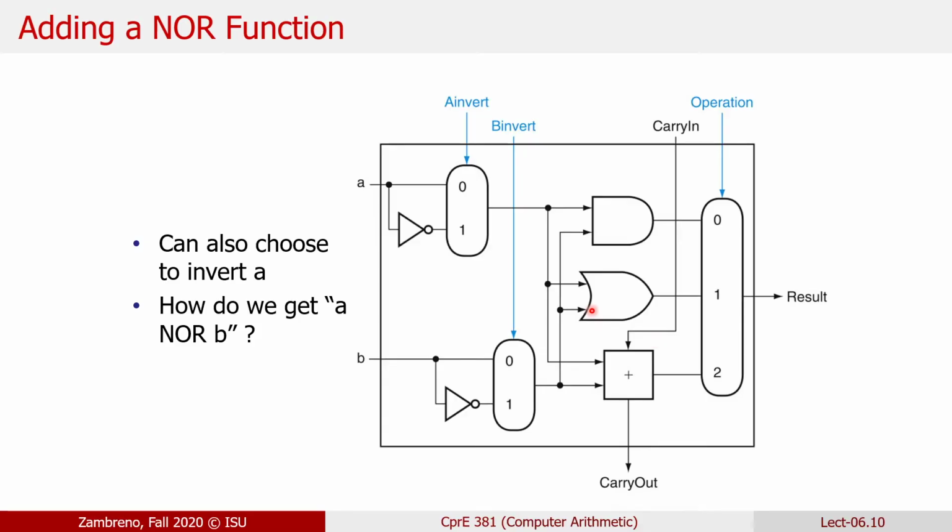By doing so, and just by controlling for a mux that inverts A and also inverts B, we can use this AND gate and now get a NOR operation back out.